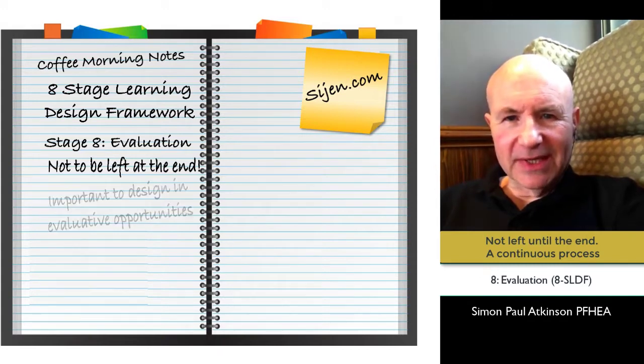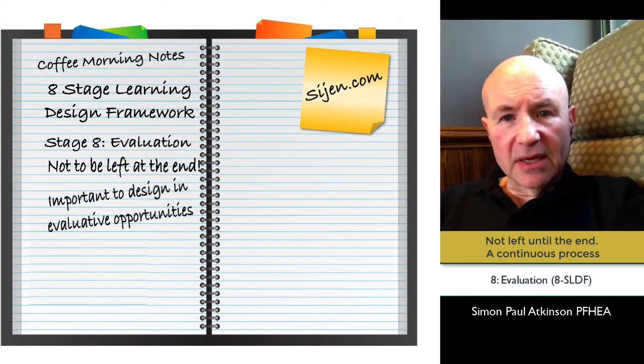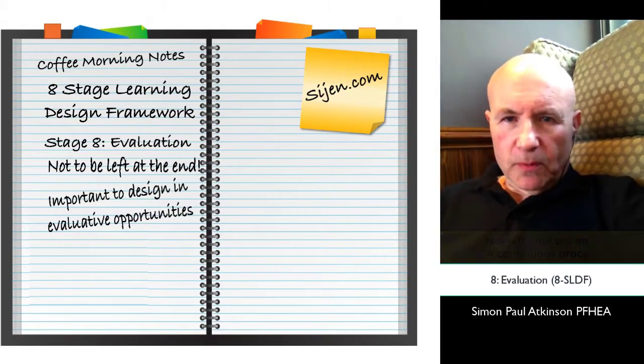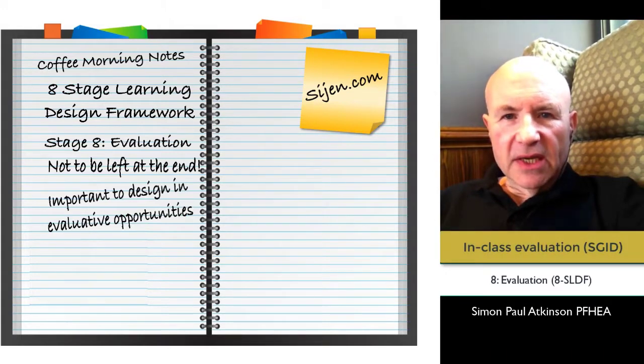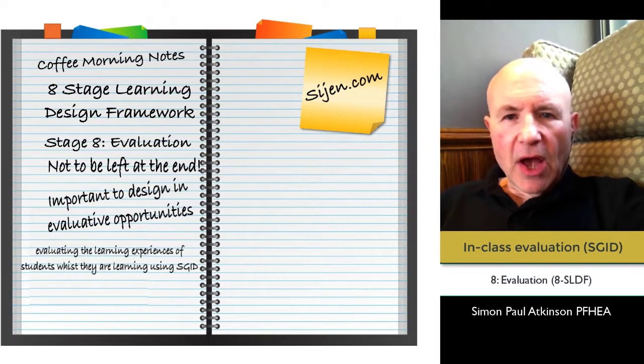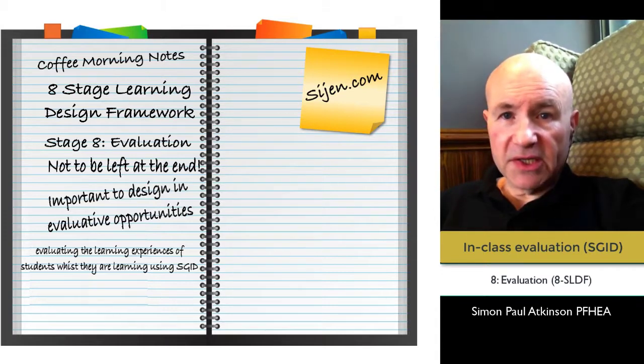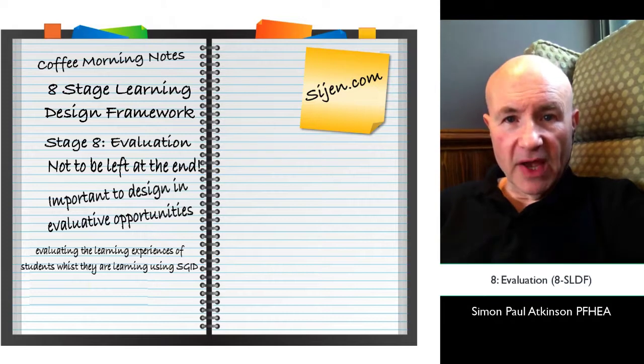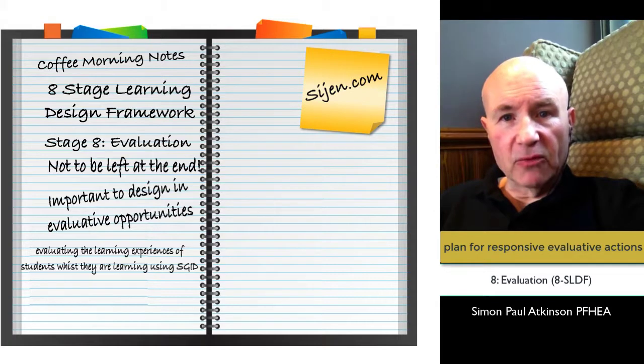It's very important as part of the design process that you design in evaluation. I'll give you an example. One way of evaluating the learning and teaching experiences of your students, at the stage where you're designing those learning and teaching activities in stage 6, is to design in some form of small group instructional diagnostics, for example, where you're asking students to provide evaluative comment on their experience, say a third of the way through a module, so that you can then make refinements.